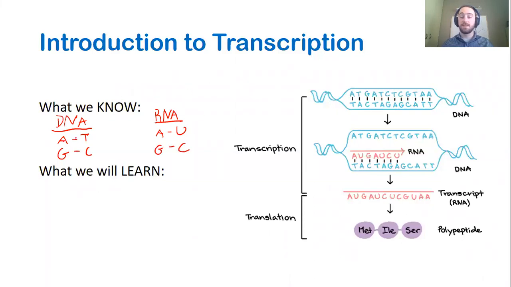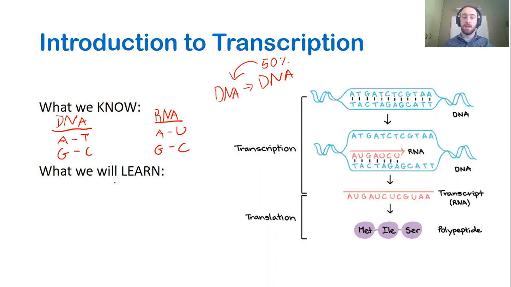We know that DNA is a double helical structure, while RNA is not. And we talked about last class how DNA is replicated, right? How DNA forms another DNA strand that's 50% of its parent DNA strand, right?